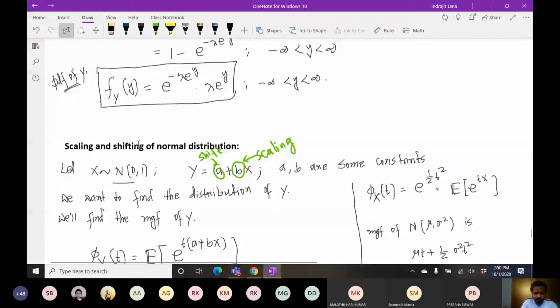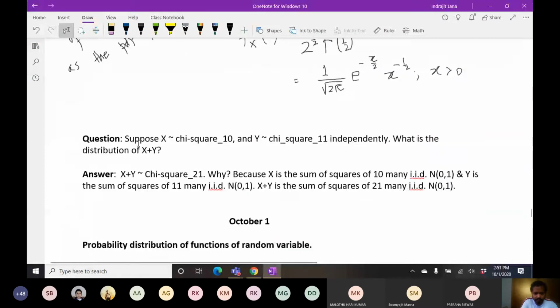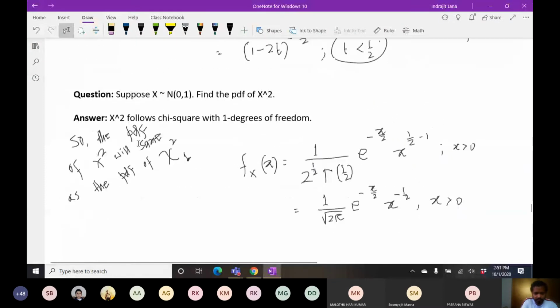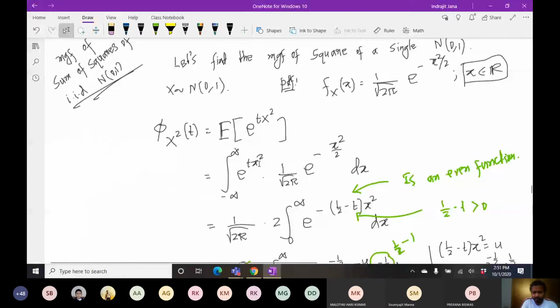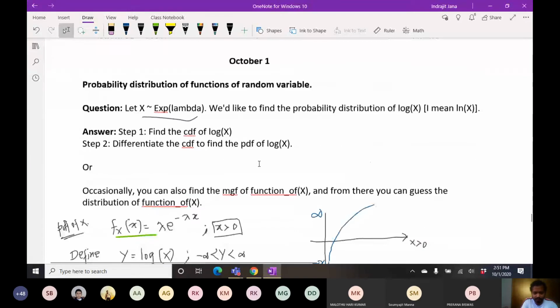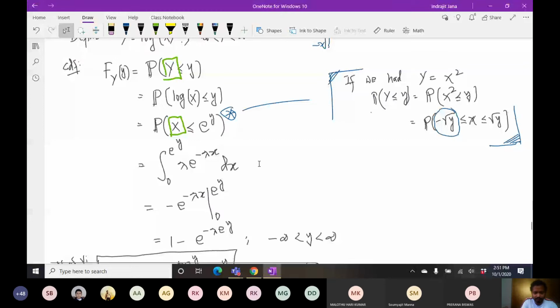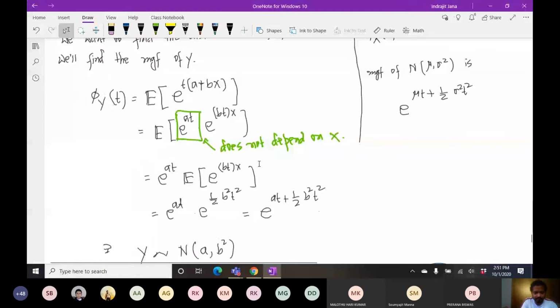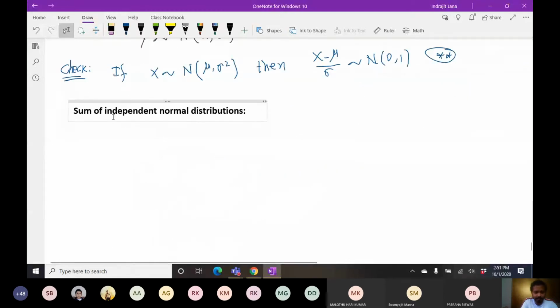In the previous lecture, we have seen that the sum of the squares of normal 0, 1 follows a chi-square distribution. But if I don't take the square, and just simply take the sum of the normal distributions, that is actually a more elementary question to ask. What is the sum of independent normal distributions?